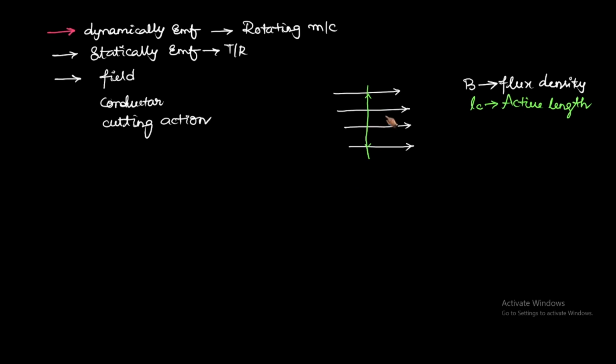We take this length as LC, and the conductor is rotating with velocity V. V is the linear velocity, not the angular velocity, you remember that.